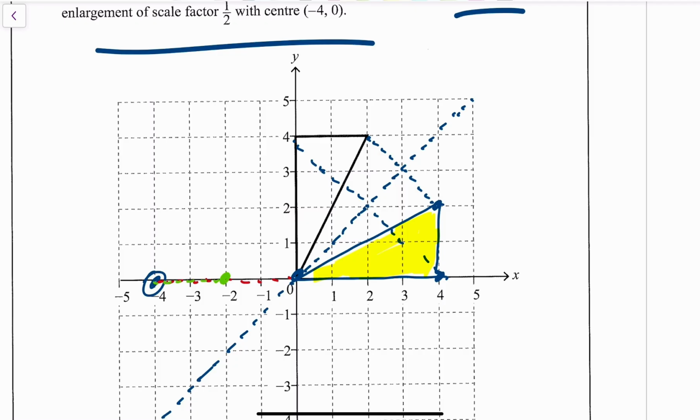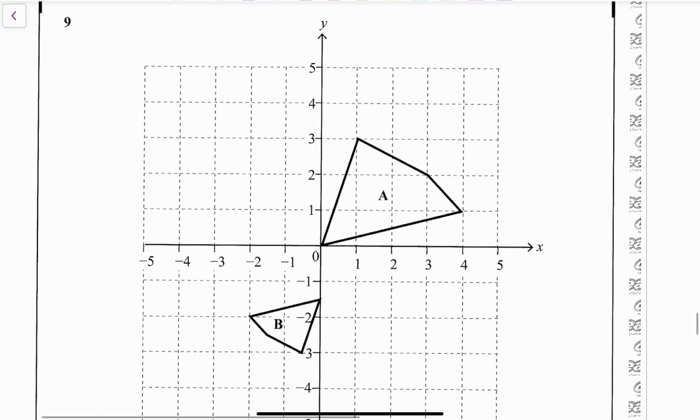And then the best way of doing it, to be quite honest, is just to think about what length this shape was. So this was length 4. Half of 4 is 2. So it's now going to be 2. This is height 2. Half of 2 is 1. So now going to be 1. And then link it up. And there we have it. There's your answer. Done. Okay, let's keep going.